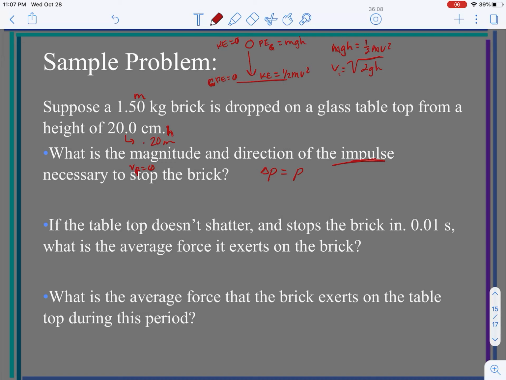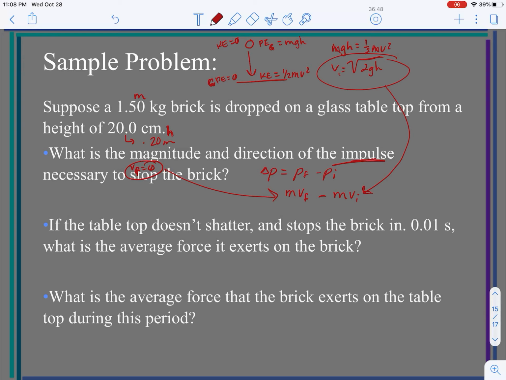When we try to find the change in momentum, it's going to be final minus initial, where we're going to take the mass times the final velocity, which would be 0, minus mass times the velocity initial, the velocity that we found when it reaches the glass table. The difference between the two would be the impulse, or change in momentum, that the brick experienced.